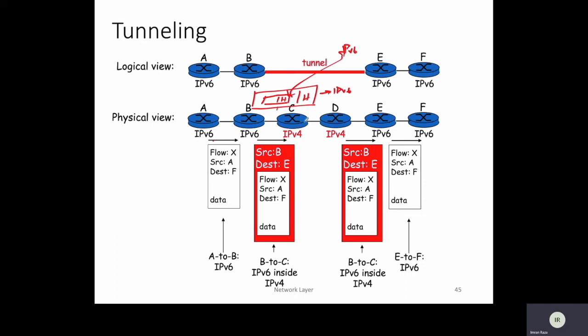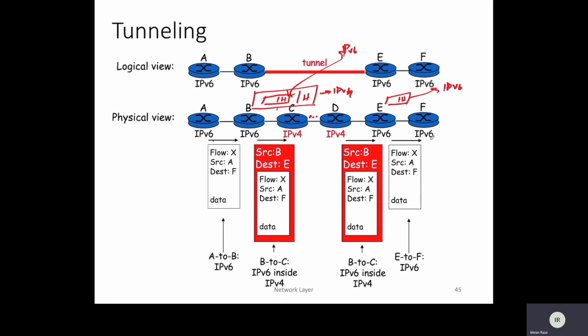All the routers, which represent the core network, will deal with this IP version 4 data packet, right? When it reaches the IP version 6 enabled router, it will extract the IP version 6 data packet and forward it to the next IP version 6 enabled router.